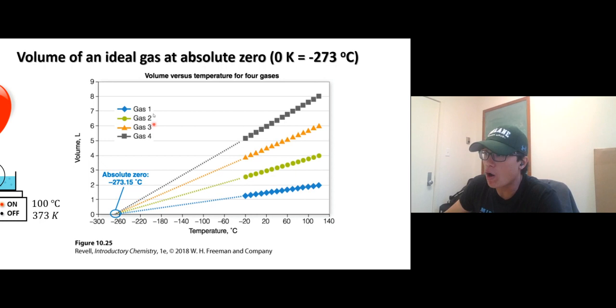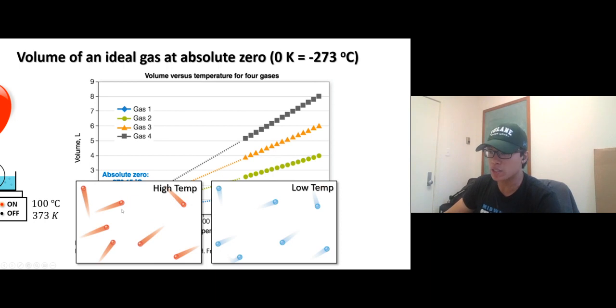It's interesting that all the gases, we have 5 gases here, and all of them, when we decrease the temperature down to absolute 0 or negative 273 degrees Celsius or 0 Kelvin, all these gases have 0 volume. That's very interesting, right? In theory, it's possible. At high temperature, the gas molecules move quickly, so they hit the side of the container, so they have some volume.